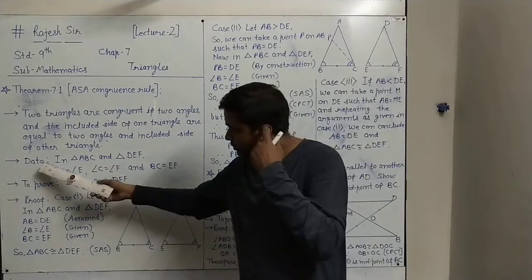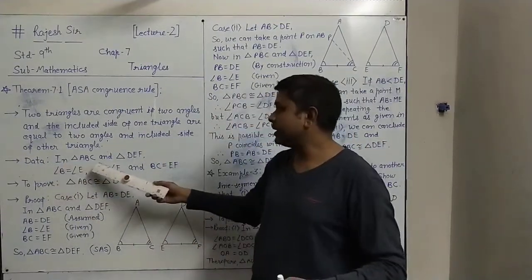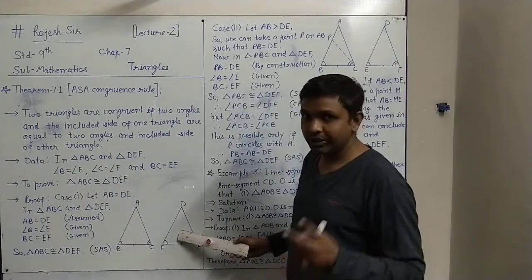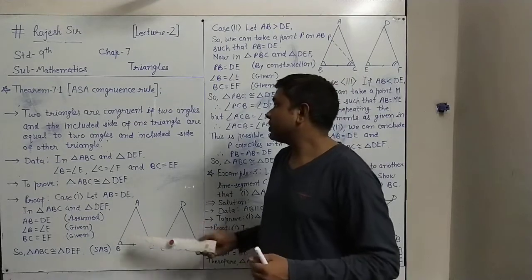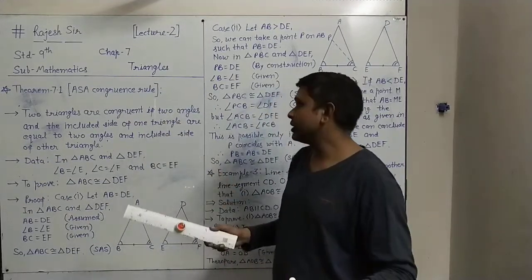So we take two triangles here. In the data, let the two triangles be triangle ABC and triangle DEF. The given things are two angles and the included side.